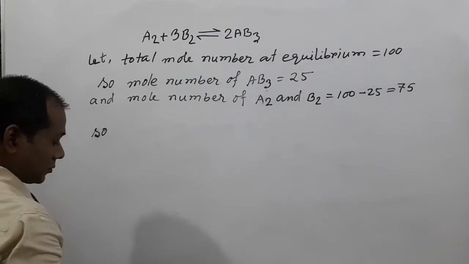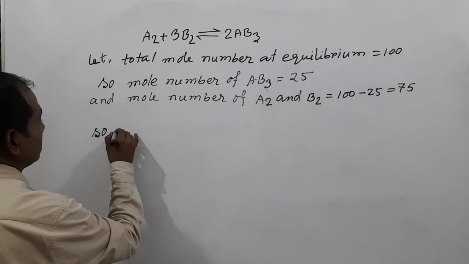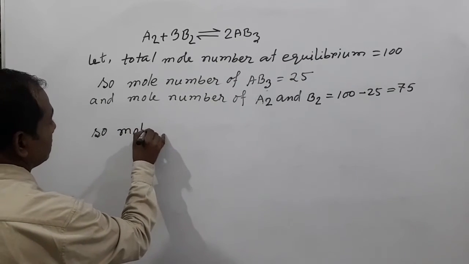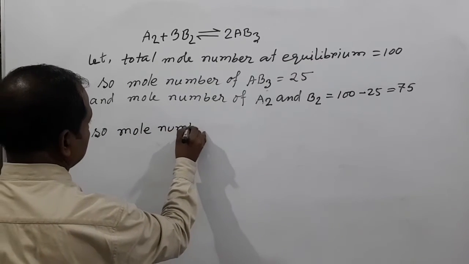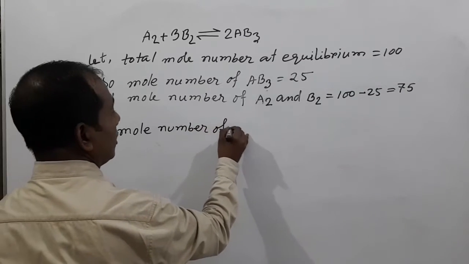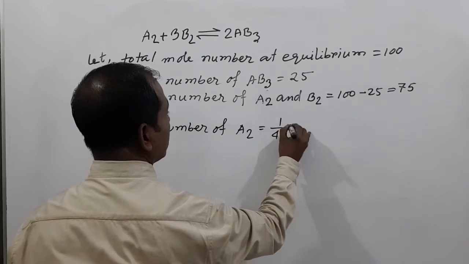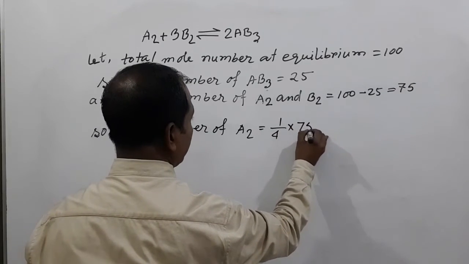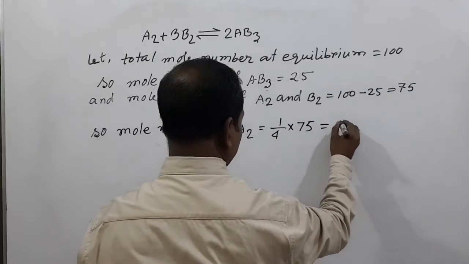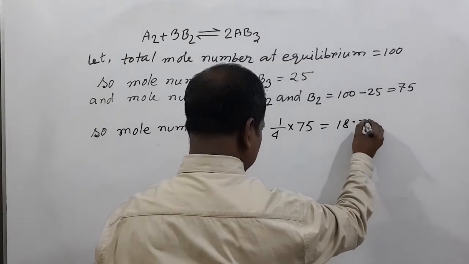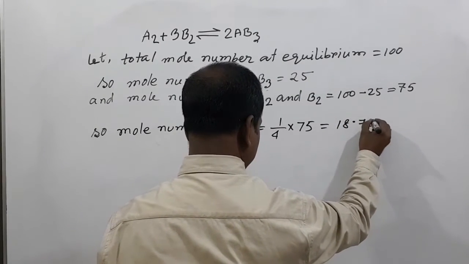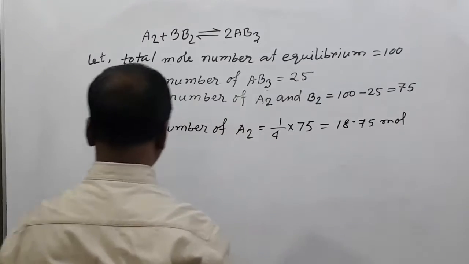So mole number of A2 is 1 divided by 4 into 75, that is 18.75 mole.